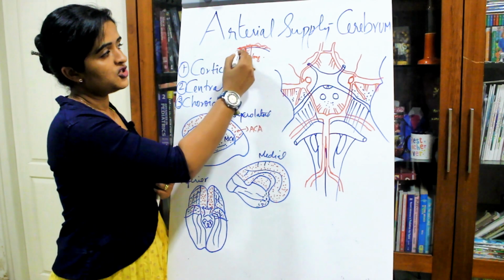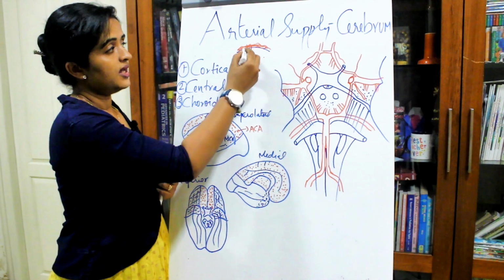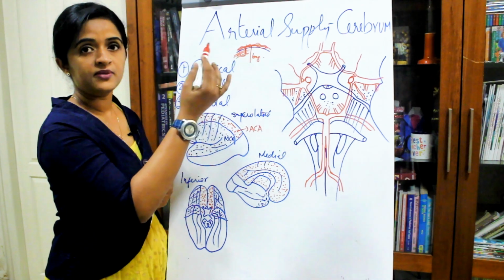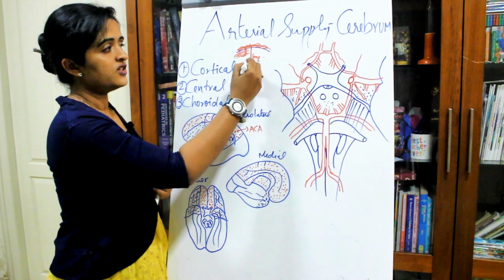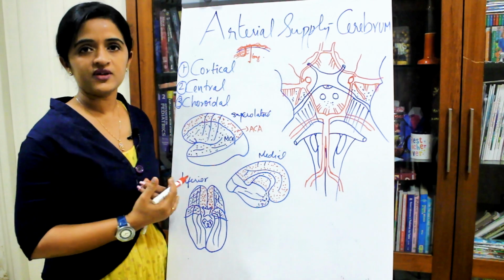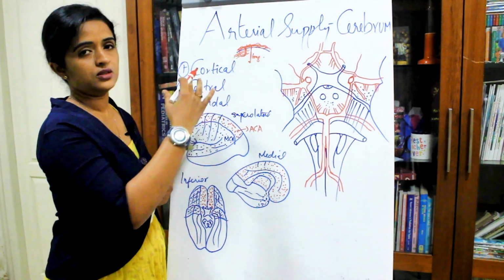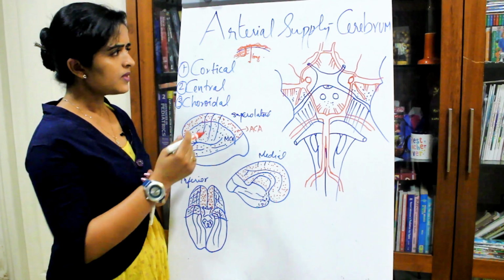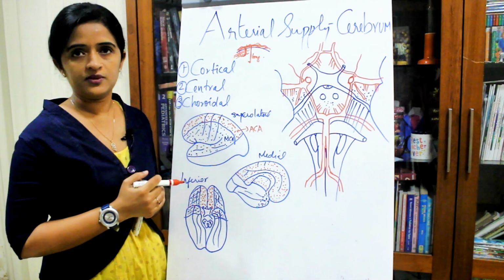Even though we mentioned that there is a network of anastomosis, once these short and long cortical branches arise, they are known as end arteries. Once they arise from the network of anastomosis, they are known as end arteries. That is, further there is no anastomosis between them. So short cortical branches are confined to the outer cerebral cortex.